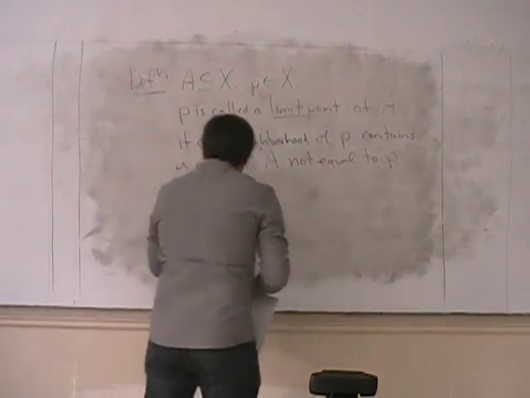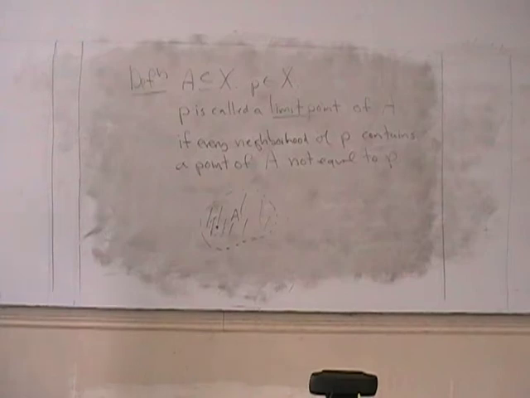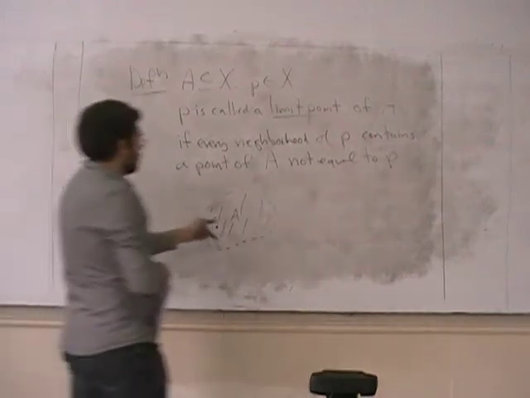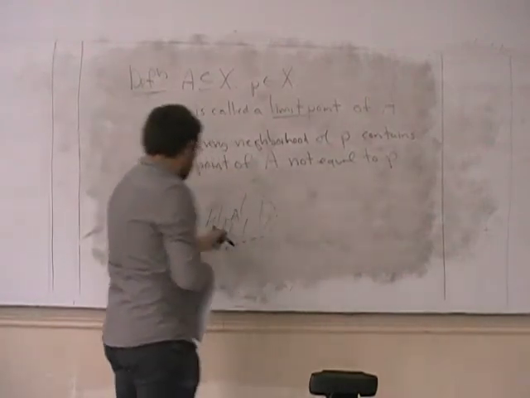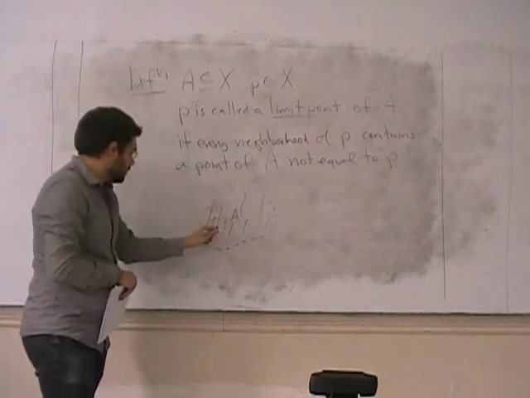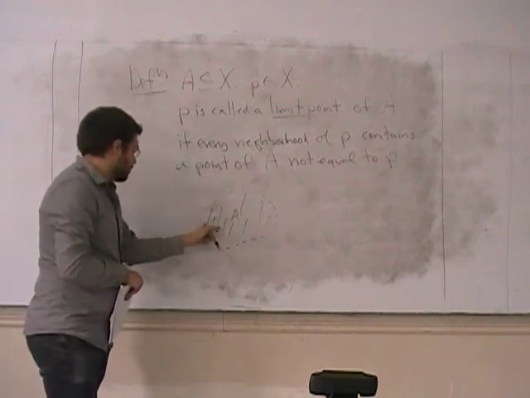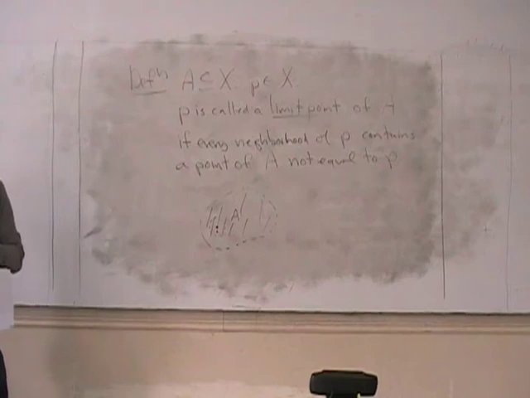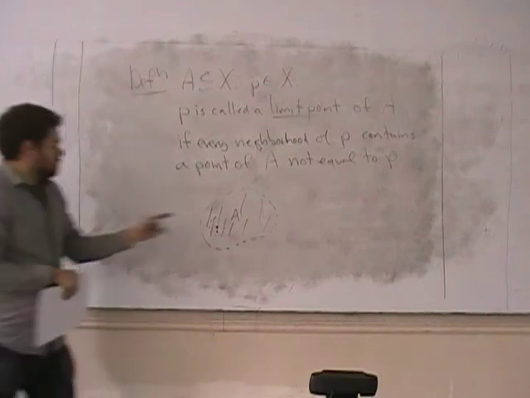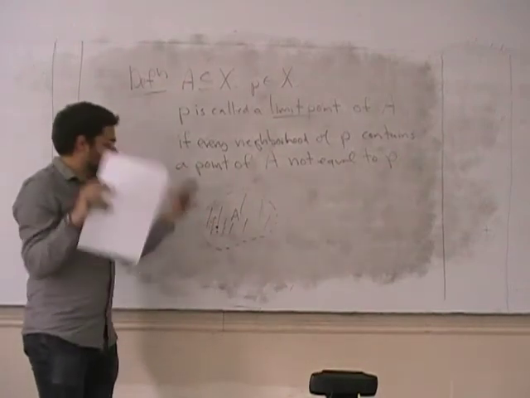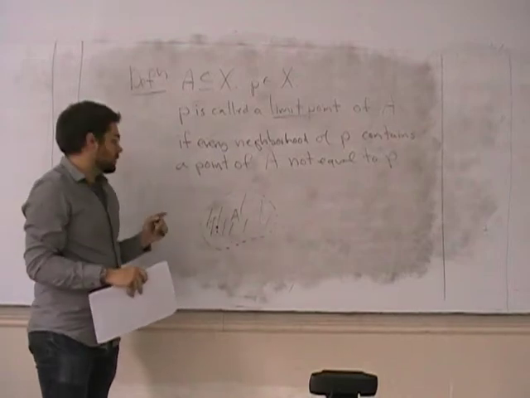Well, as long as you can find, for example, even an open neighborhood of this point that contains at least one point of A that's not equal to this point, then it's a limit point. So in this picture, this point that's actually inside of A is a limit point.